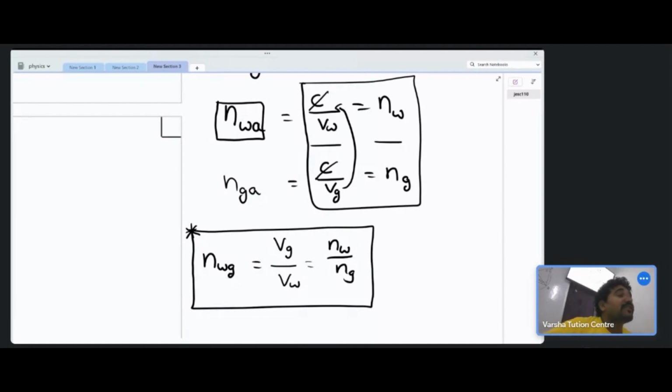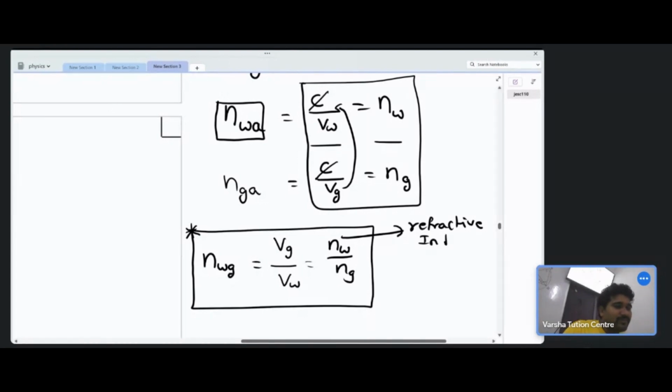This is what I said, absolute refractive index. Simply they will call it refractive index. If they say simply refractive index of water, the meaning is absolute refractive index of water only.